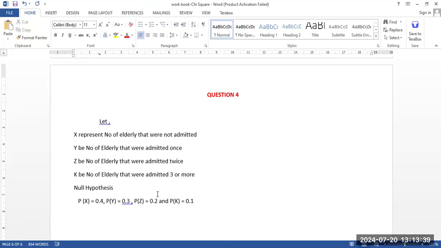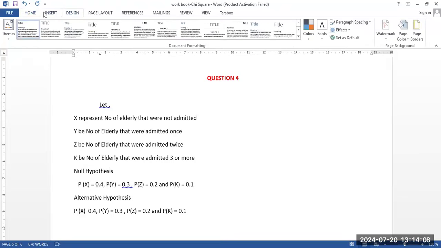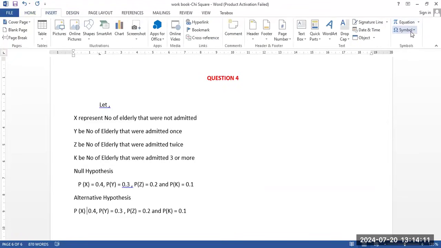So your alternative hypothesis will be to oppose the null. You will be opposing the null and say this one is not equal to, because that is the only way you can actually state the hypothesis in this question.